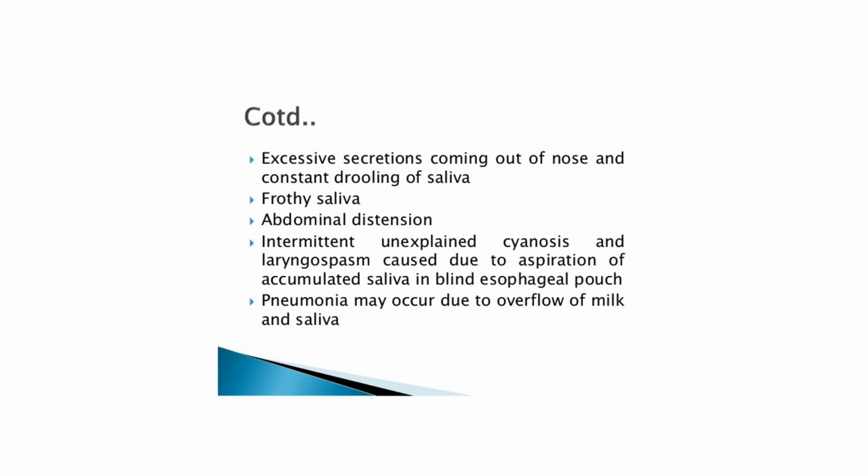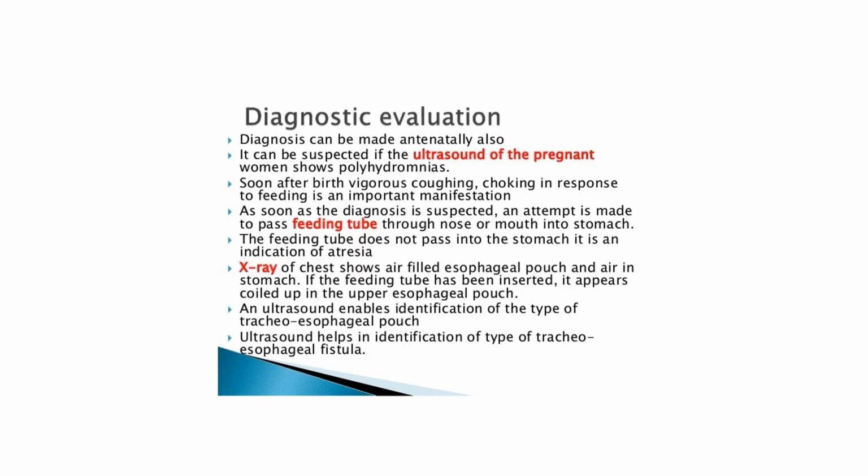There will be excessive secretion of saliva, and cases of abdominal distension, and cases of laryngospasm, and accumulation of saliva, and cases of pneumonia also will be there in severe cases.